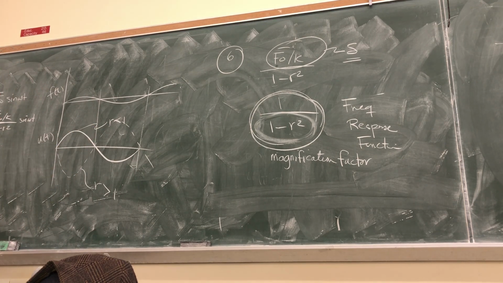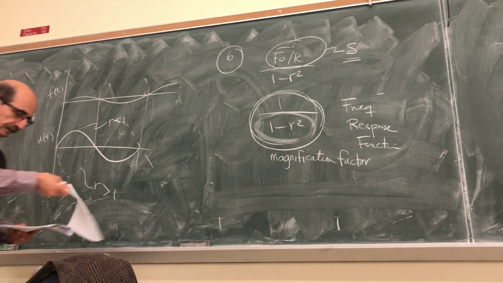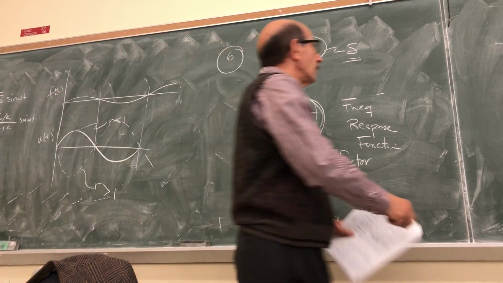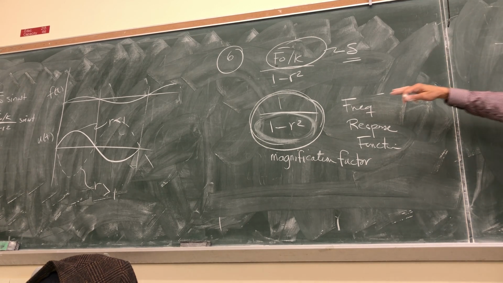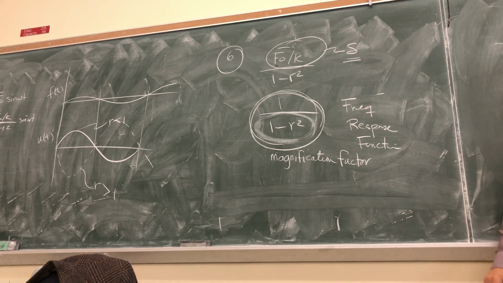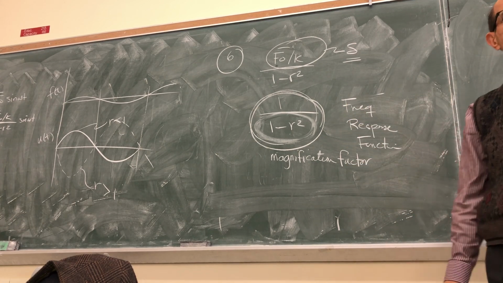But that is called the frequency response function. We'll study that in much more detail. You will see that in the lab as well, okay? Professor, yes. Is the u of t the displacement for the total response? No, that's for the steady state. Any other questions?